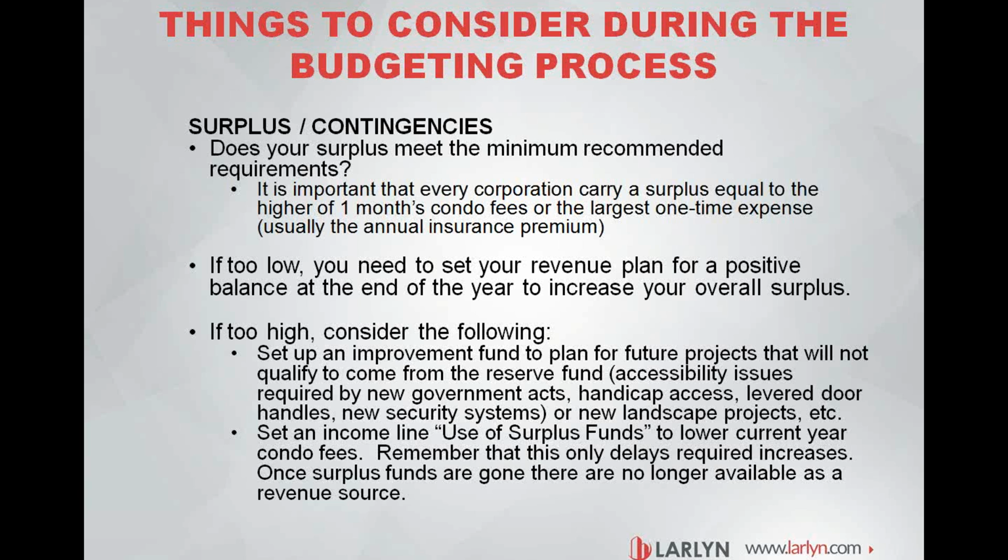To do this, you set up an income line stating use of surplus funds to lower the current condo fees. Remember that by doing this, you're only delaying increases that may be required. Once the surplus funds are gone, they are no longer available as a revenue source. So the key is to balance the budget to avoid the need for heavy increases.